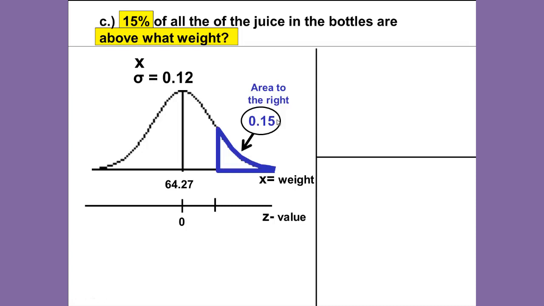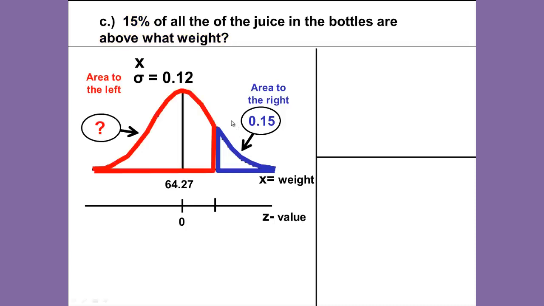But since that is the area to the right, remember that we always look up in our table the area to the left. So I will fill in the area to the left as well to do the problem. And the area to the left would be the complement, 1 minus 0.15, or 0.85.